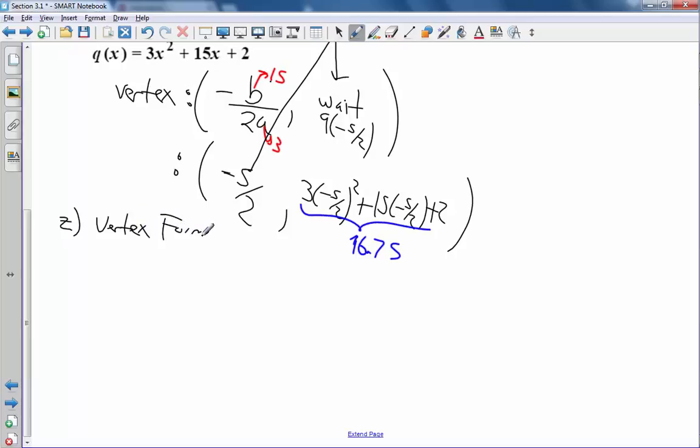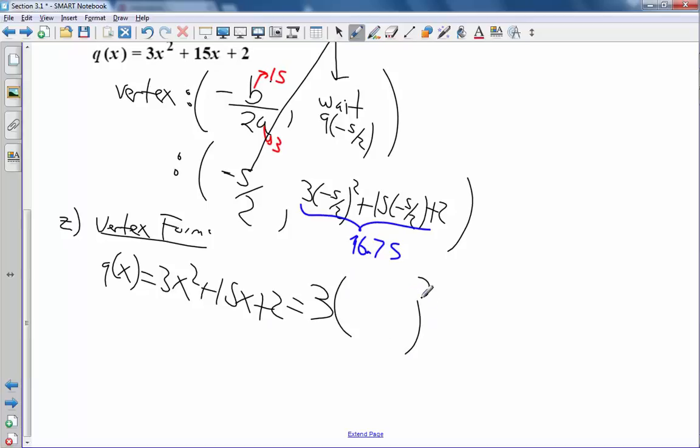I'm wondering the vertex form of this thing. Can you give it to me without doing the complete the square? It's, I know, 3 times something x with a number and another number. You need to find out 2 numbers. Guess where they are? You already found them.